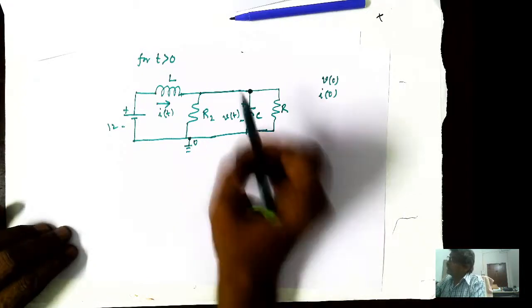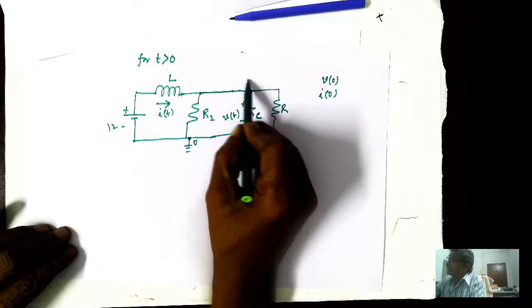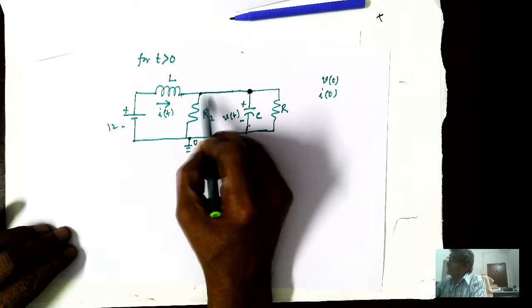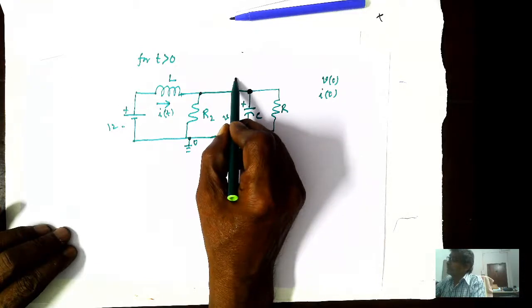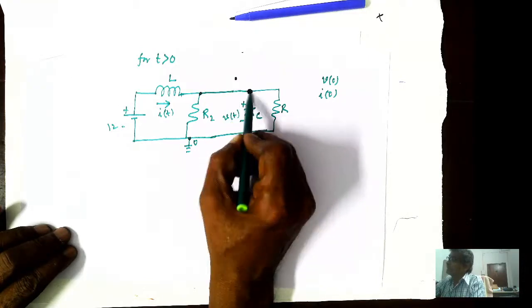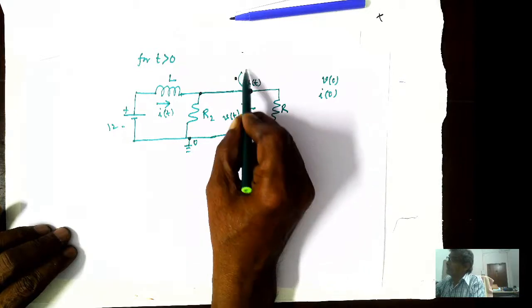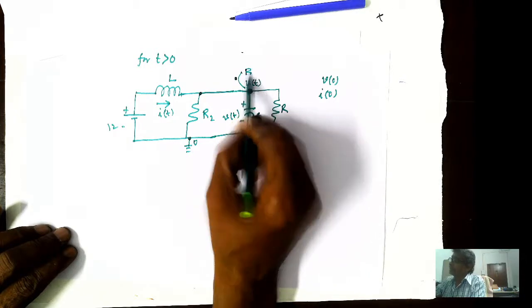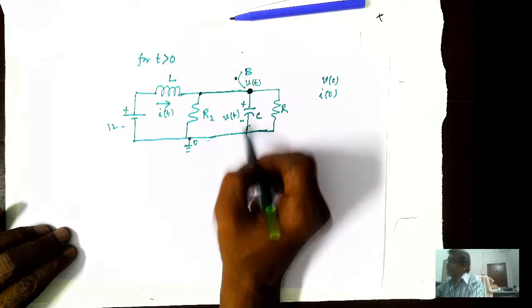So this node voltage, say this point is B, the potential of B with respect to O is the assumed capacitor voltage V(t).